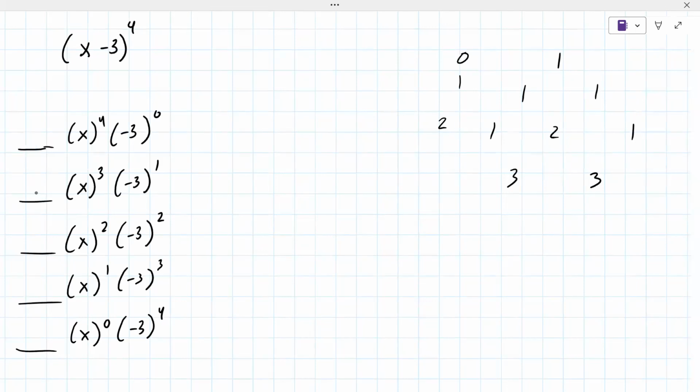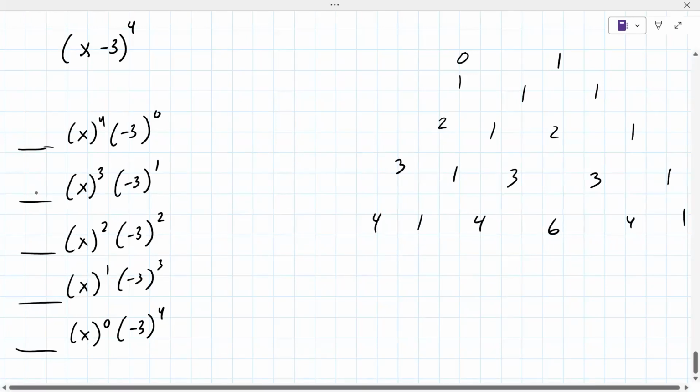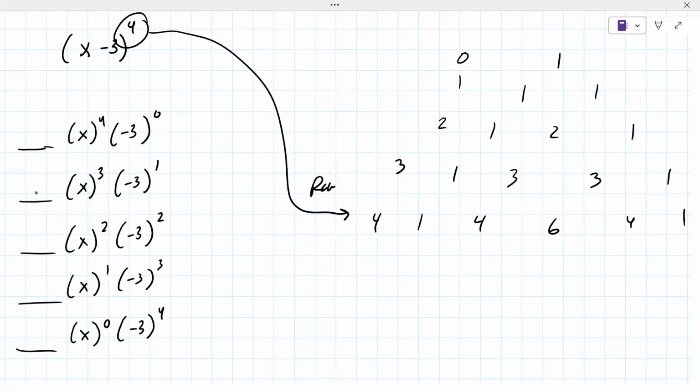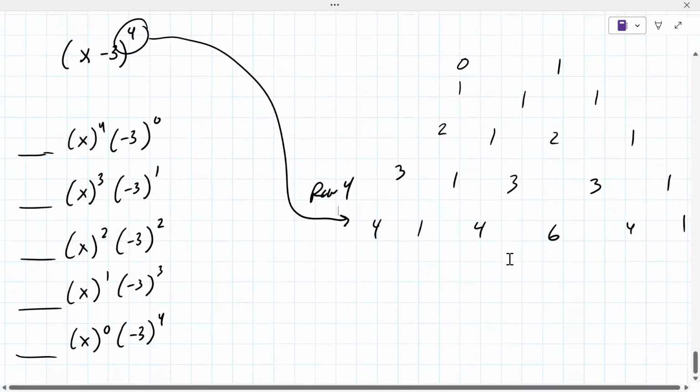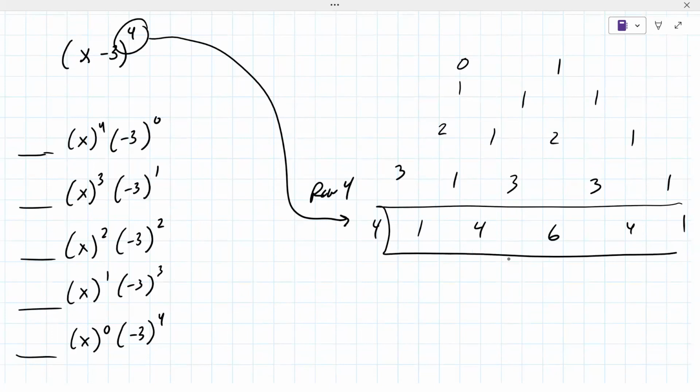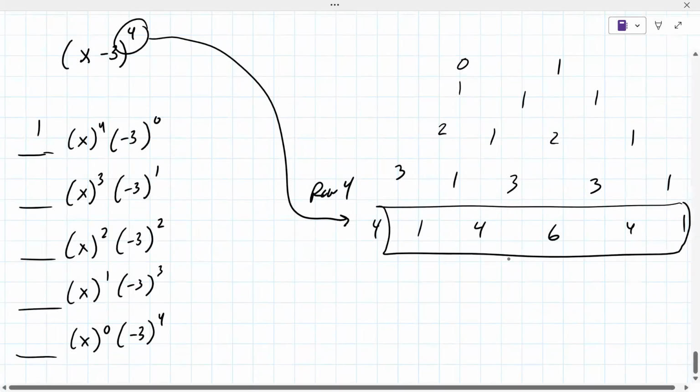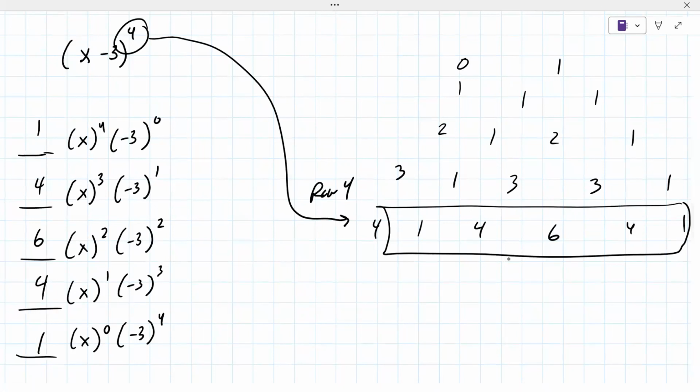So we got to keep going here. 4, 6, 4. So now we've got it. Row 4. See how this tells you row 4? Yeah. So those are the coefficients here. Sorry about that. So we have 1, 4, 6, 4, 1.